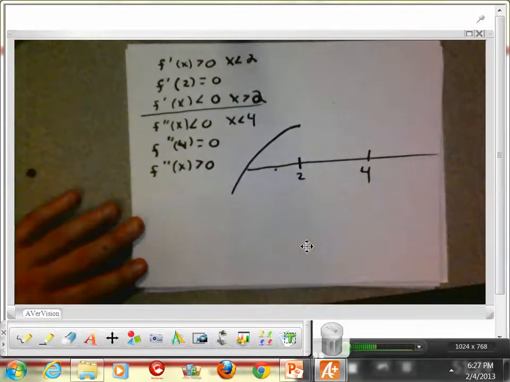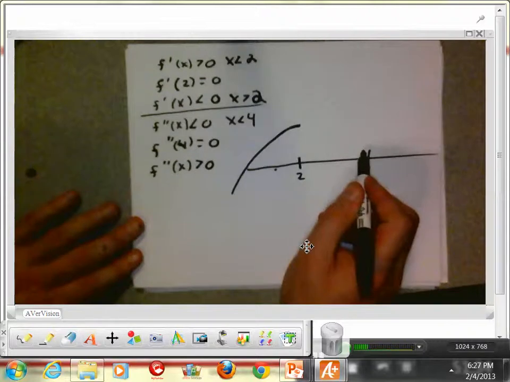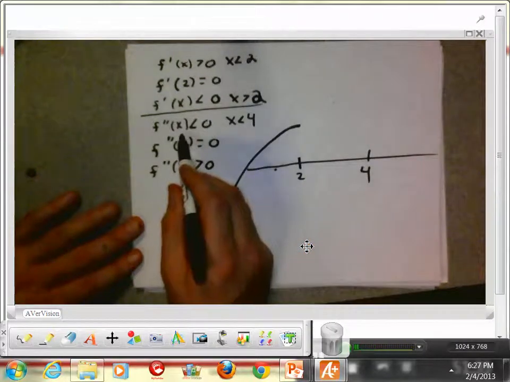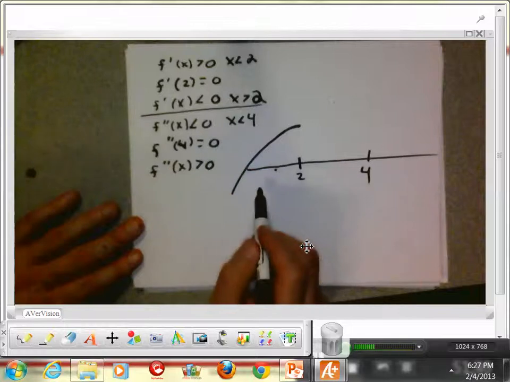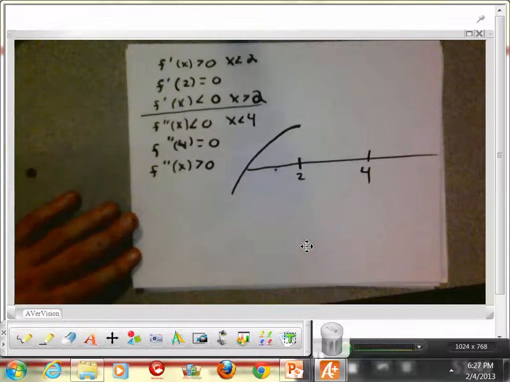All right. And do I have the concavity right? Well, if we're less than 4, which we are, we know that the second derivative is negative. So is what I drew okay? It is? Okay.